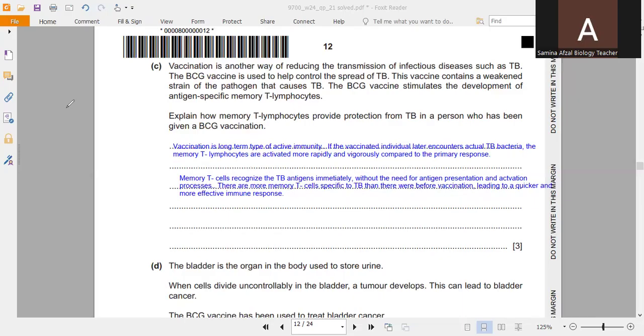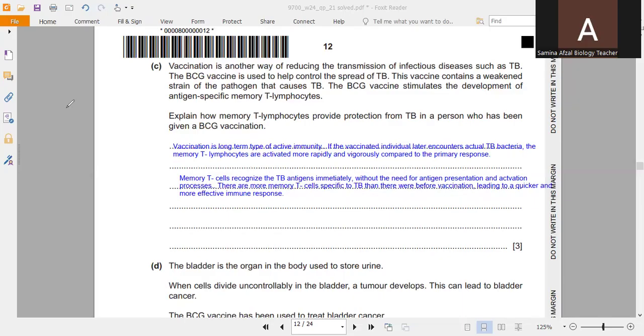So it takes time to detect them, to recognize them, and then to produce antibodies. When vaccination is already given, it means the microorganisms are already in the body. When the vaccine is injected, memory cells are also produced in the body as a result of that.